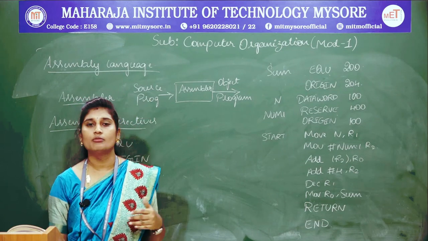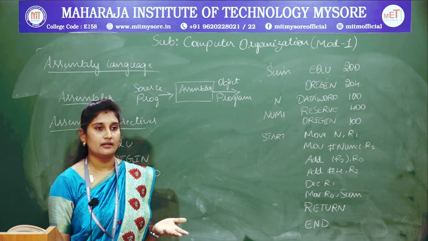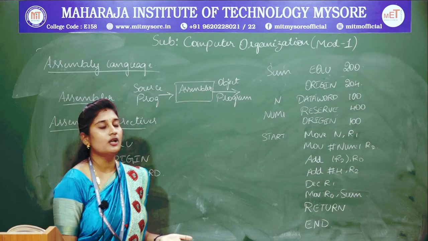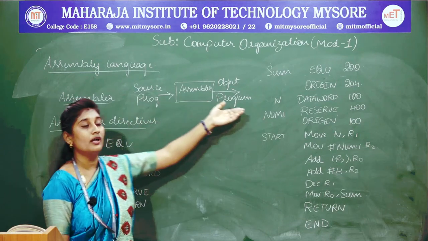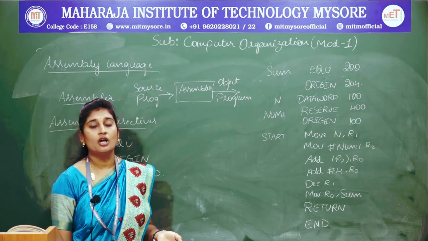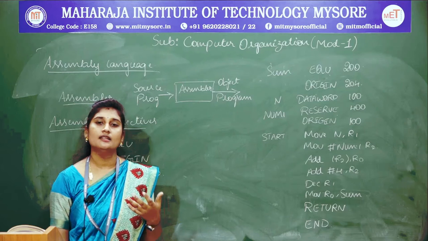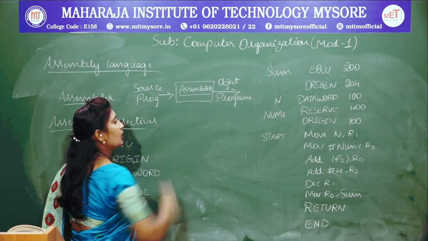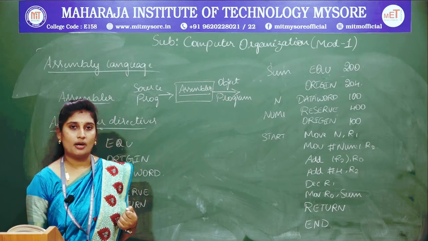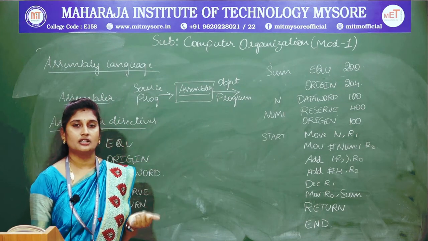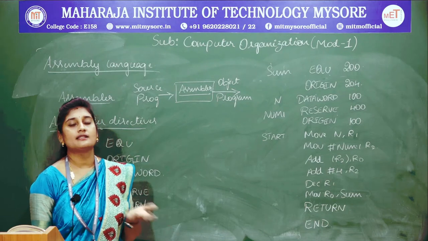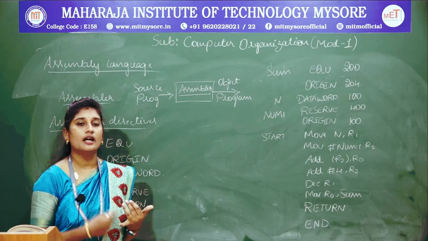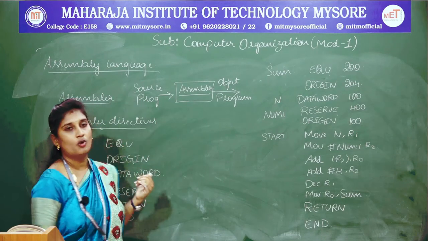As you already know, the computer can understand only the machine language, that is the zeros and ones. So I need to convert this source program to a machine language program. For this conversion, I need a system software known as an assembler. Assembly language is nothing but the rules that we are following on the mnemonics.